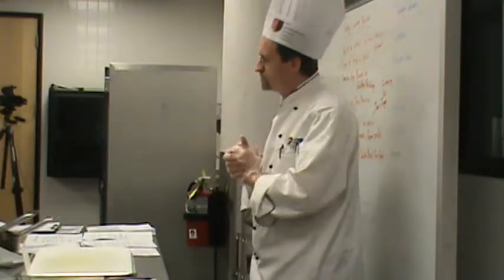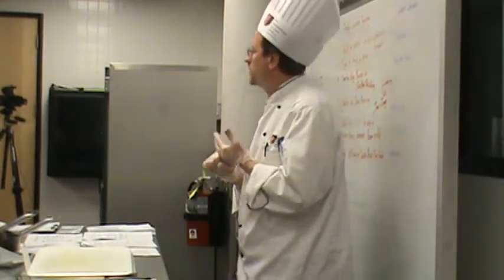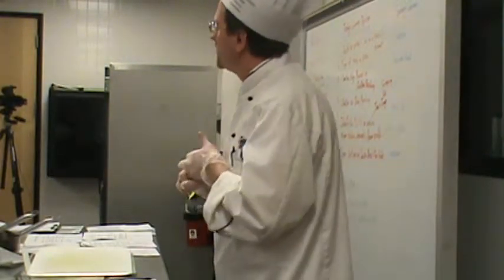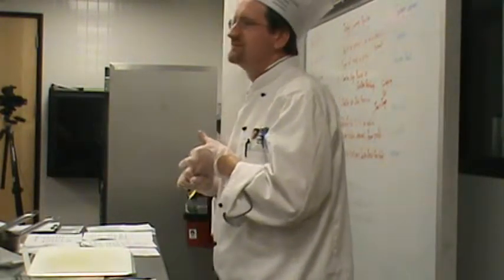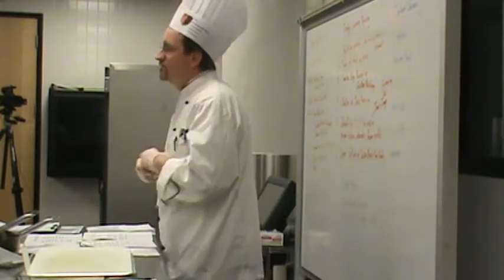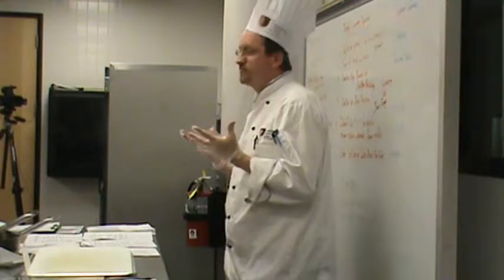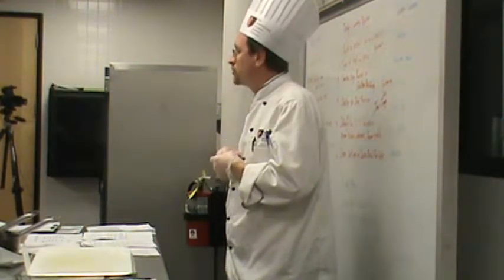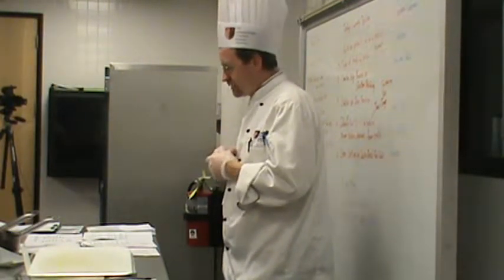Typically, poaching involves a stock, a broth, or a court bouillon. Back in Unit 3, we talked about court bouillon. What's a court bouillon? It's a concentrated broth, and that adds flavor to the particular food that we're poaching. You can also use stock for that purpose.